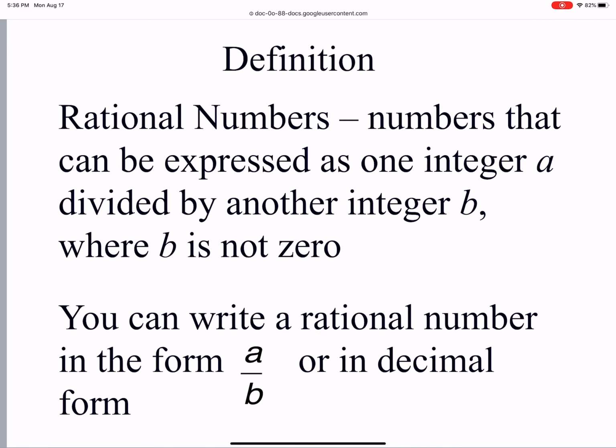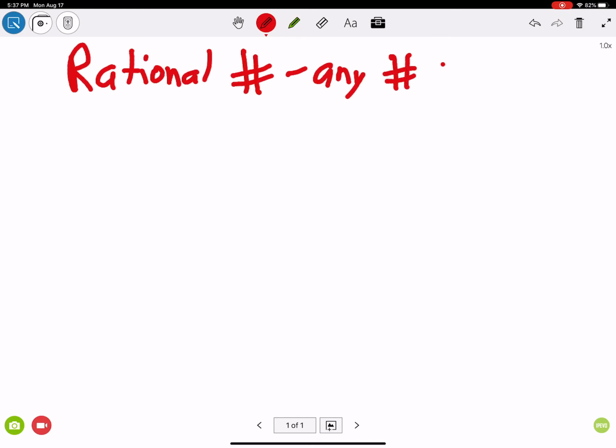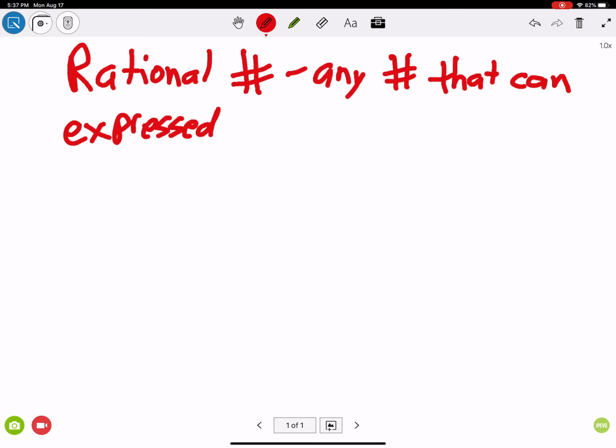Well, if you bear with me and we clear this out, a rational number, and I like doing shorthand for number. A rational number is any number that can be written or expressed as a fraction.